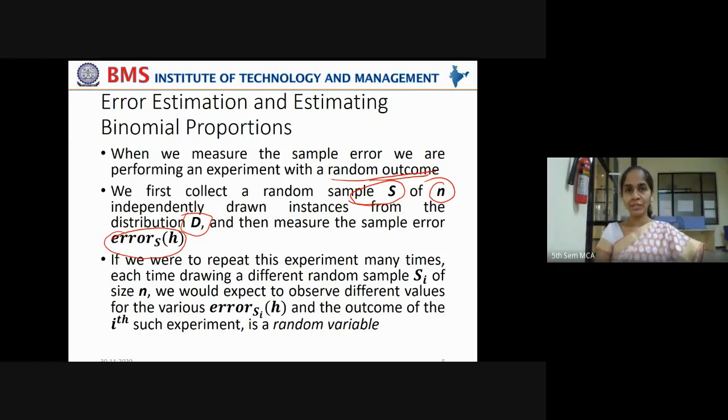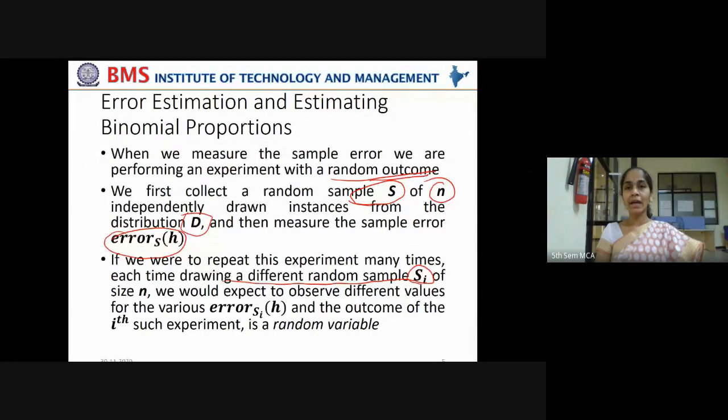That means it is given to a machine learning model. It is trained with an algorithm and you see how much error it is giving. Say it is performing with 95% accuracy, its error would be 5%. Right? Now, if we were to repeat this experiment many times, not one time, each time drawing a different sample Si, you're not sticking to the same sample.